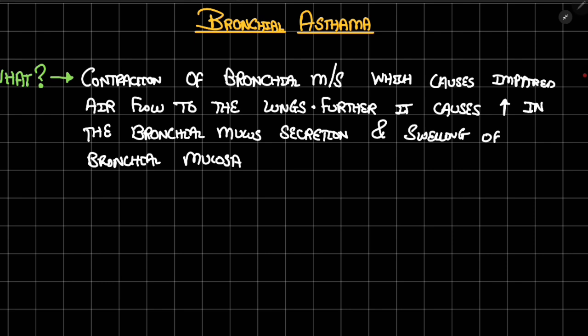So what is the full definition? Contraction of bronchial muscles which causes impaired airflow to the lungs. Further, it causes increase in the bronchial mucus secretion and swelling of the bronchial mucosa.